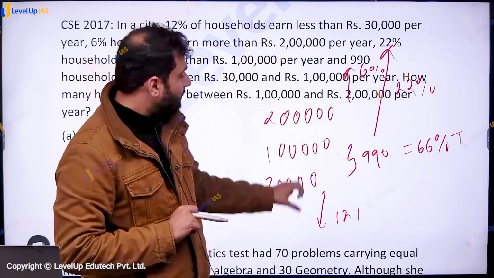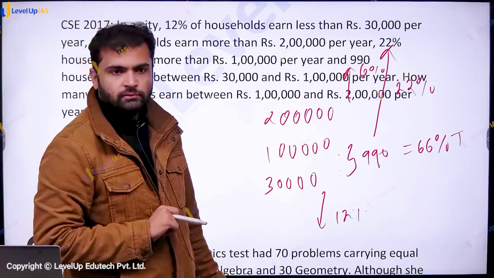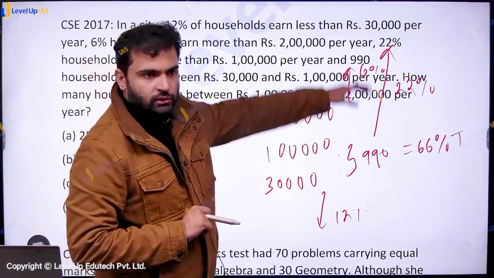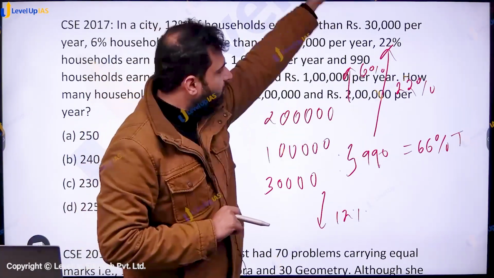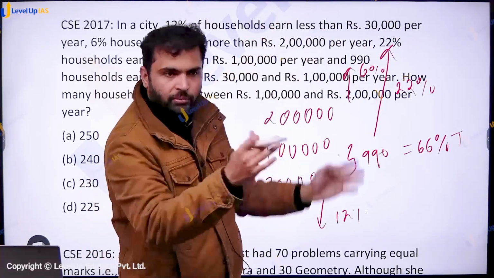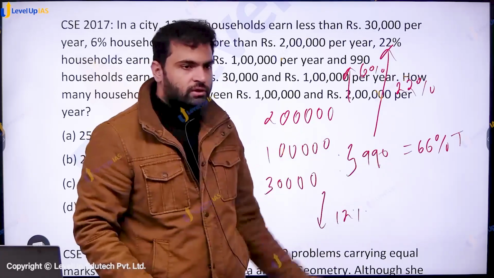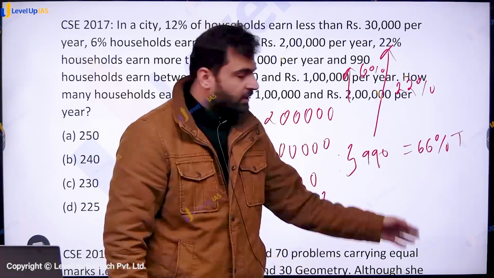So how many lie between 1 lakh and 2 lakh? 22% are all of the people above 1 lakh and 6% are all of the people above 2 lakh. So how many are between 1 lakh and 2 lakh? 16%. So that is what we have to calculate, 16% of total. You can get total from here.